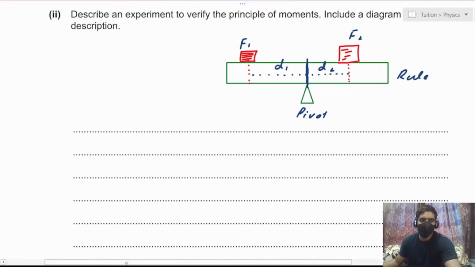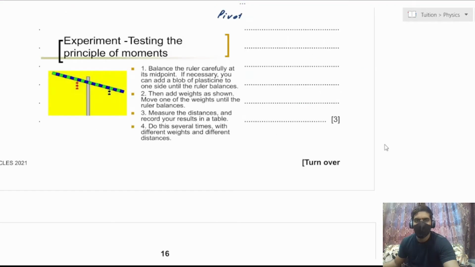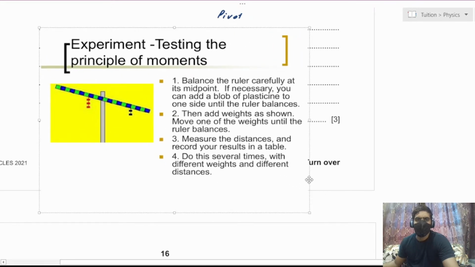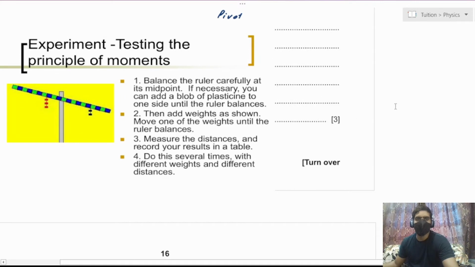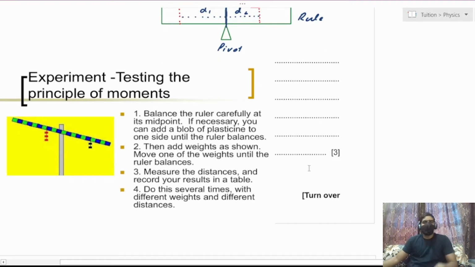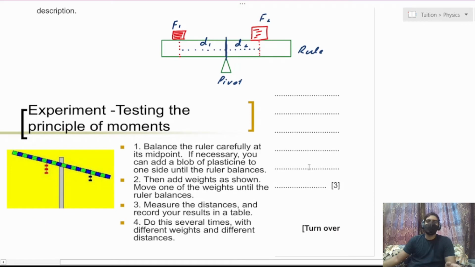All right, so these are the general steps that you need to write. That's the generic statement that you can write as the answer for this one. First, you balance the meter rule, you balance your scale, then you add the masses, then you balance it once again, measure the distance, and obviously you should know the mass.